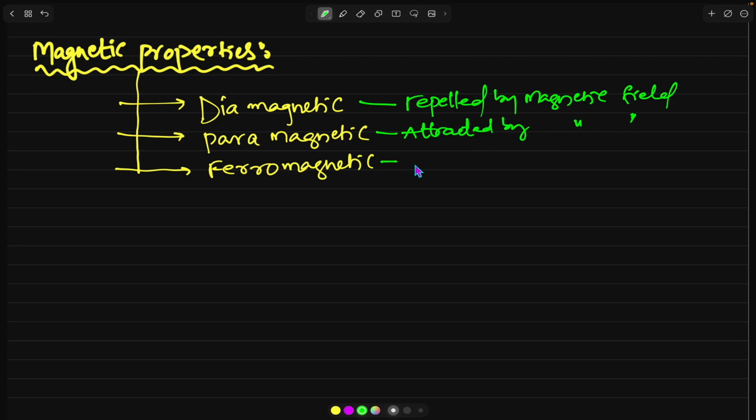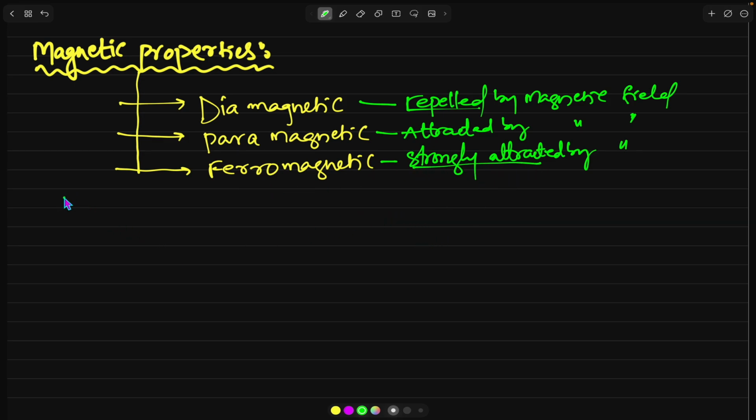And ferromagnetic substances are strongly attracted by the magnetic field. So these are the basis of magnetic properties, right? Diamagnetic substances are repelled, or they don't show any attraction or repulsion, so most of the time they repel. The paramagnetic compounds are attracted by it but weakly. Ferromagnetic substances are strongly attracted by it, right?